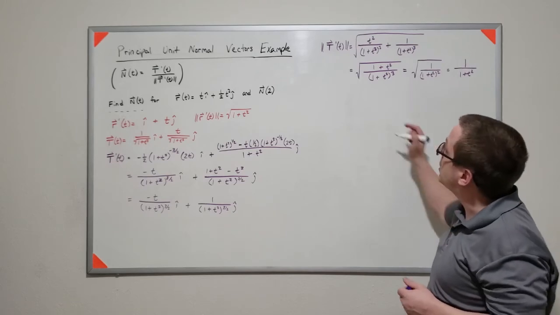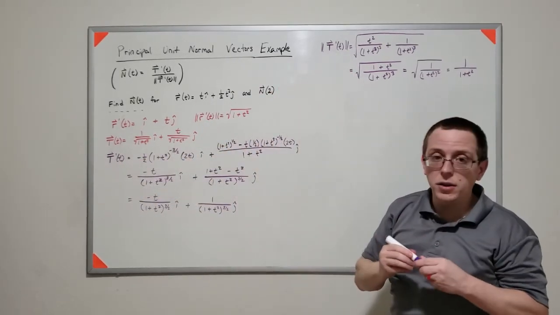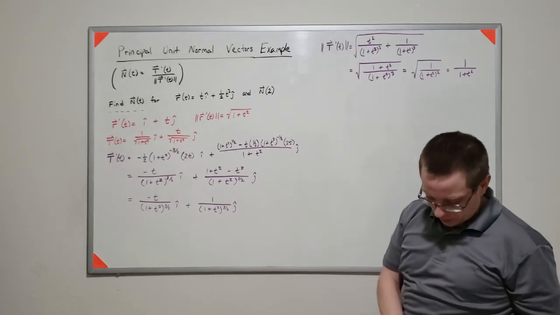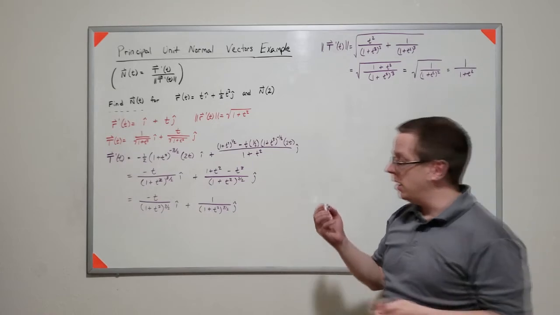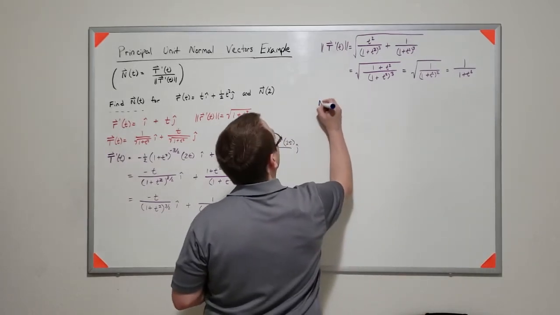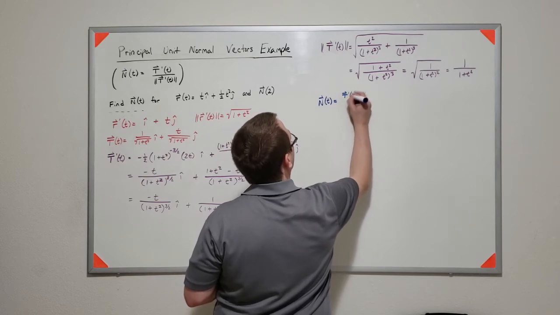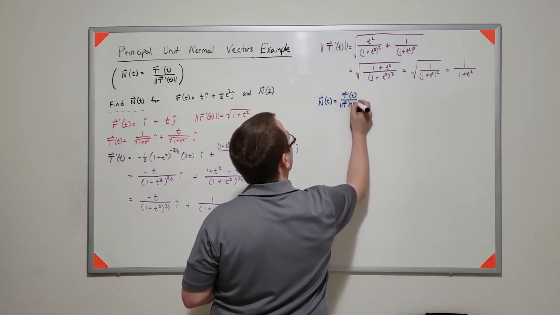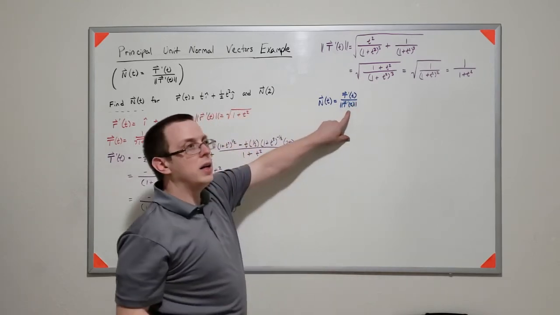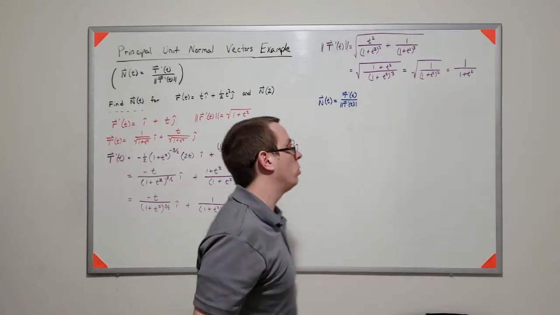So then when we take T' divided by the magnitude of T', that's N. Dividing by the magnitude is like multiplying by the reciprocal, right?